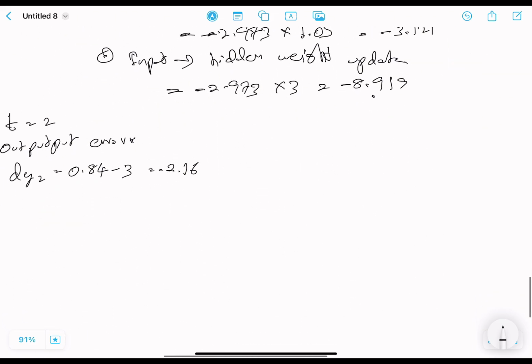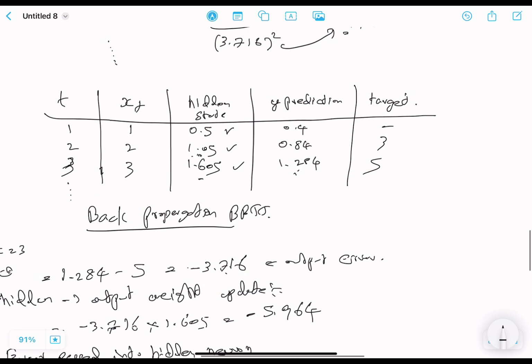I took 0.84 because we have that number recorded.